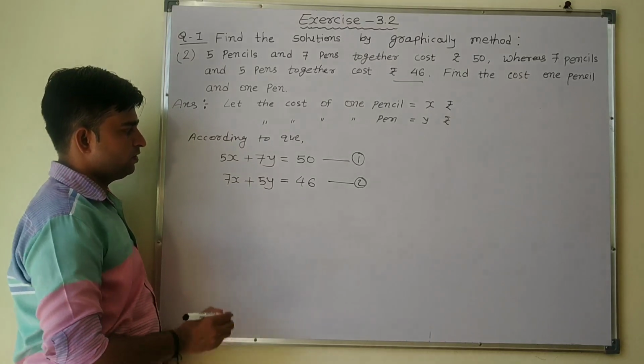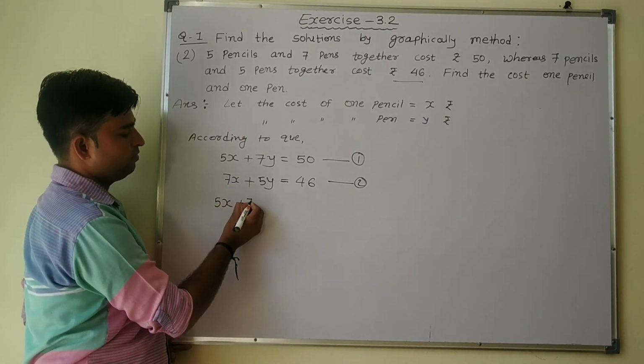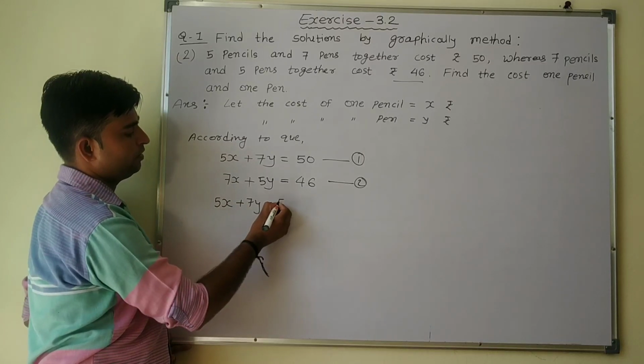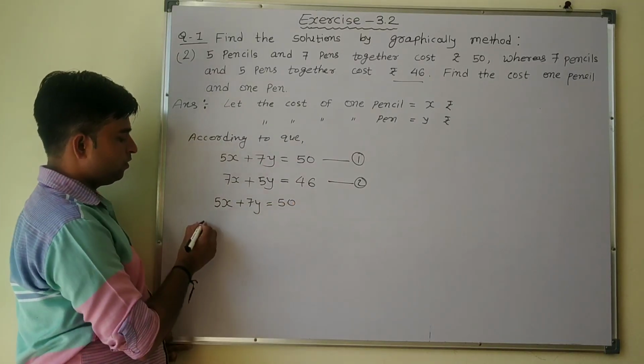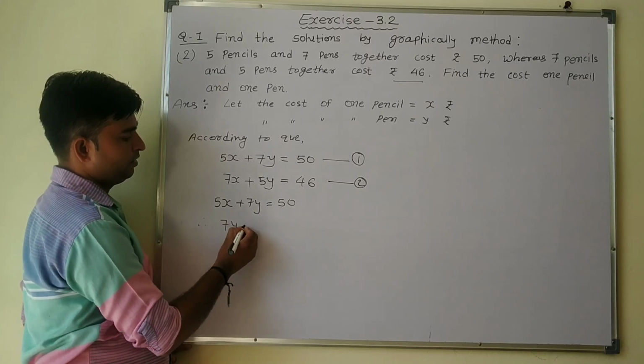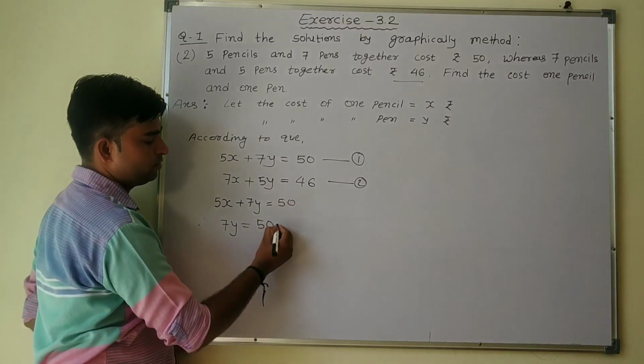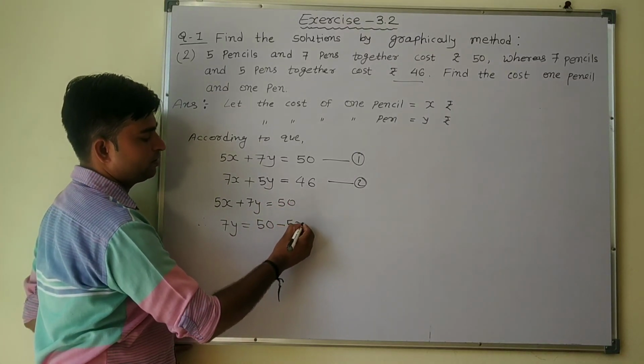So first equation, we take the first equation 5x plus 7y is equal to 50. Now convert into y form, so it becomes 7y is equal to 50. 5x को हम राइट साइड मूव कर देंगे, so it becomes minus 5x.